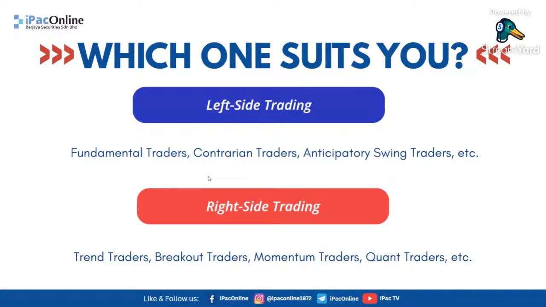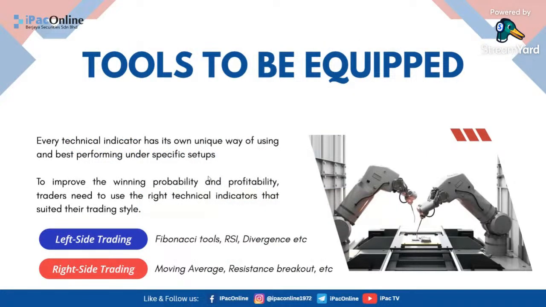So you have to ask yourself which trading style you would like to employ, and from there we will look into the correct tools to help you improve your winning probability and also your profitability.